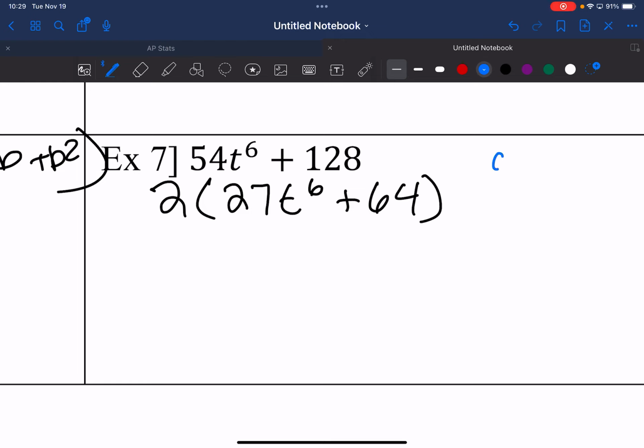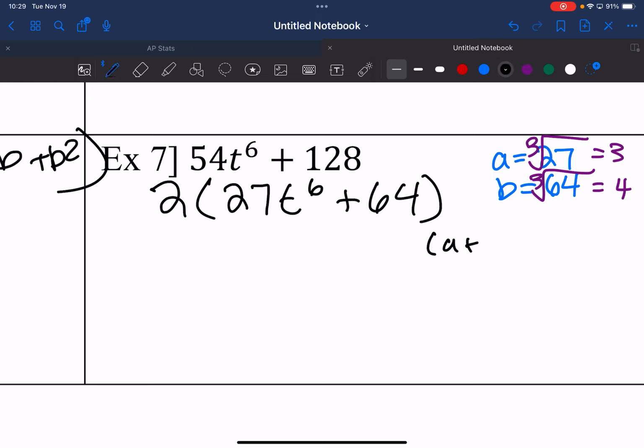But first, we need to do our a and b. So what's a? 27. What's b? 64. What's the cube root of each of them? 3 and 4. And which formula are we using? The second one. So I have a plus b times a squared minus ab plus b squared.